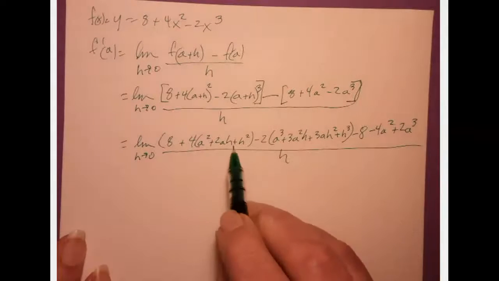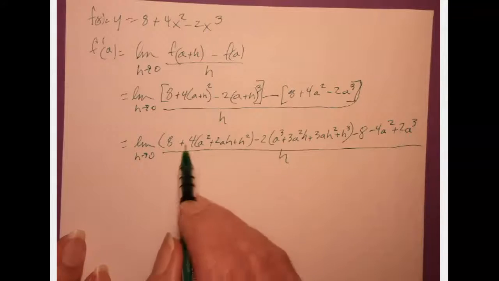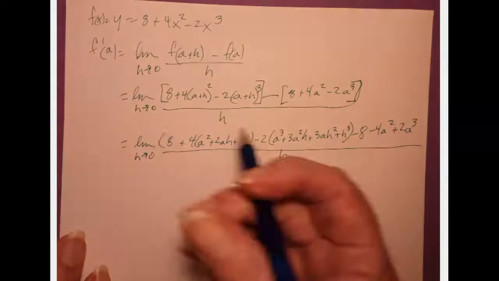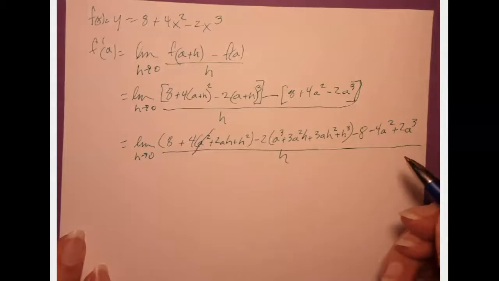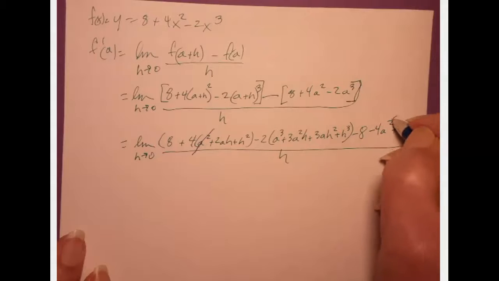Now at this point, I could see what's going to go out here. I've got a 4a squared. See, it shows up right there? So if I strike out the a squared part and distribute to the rest, this part goes away.